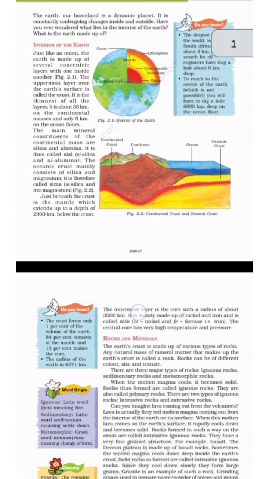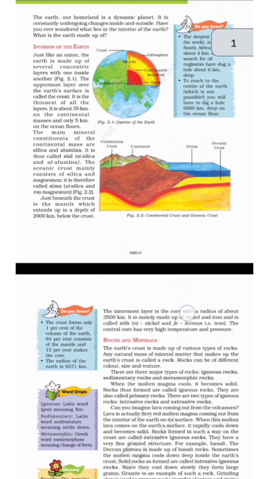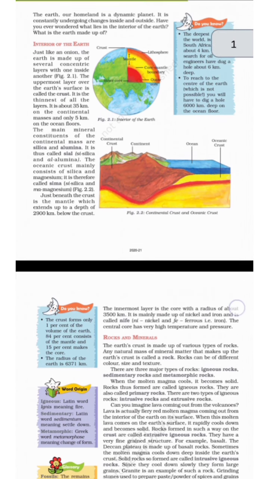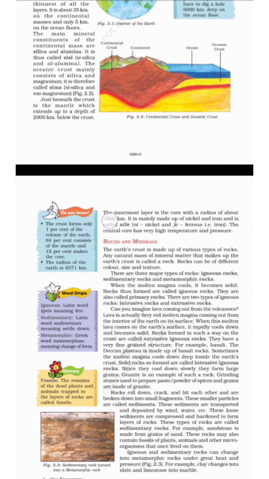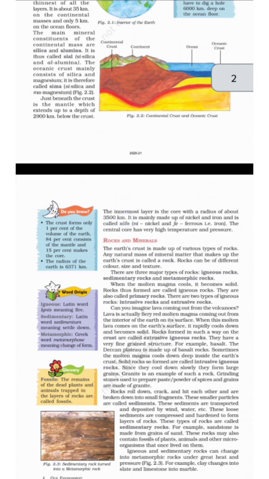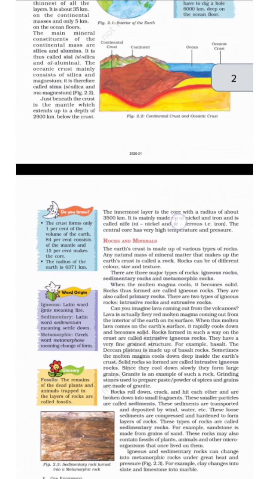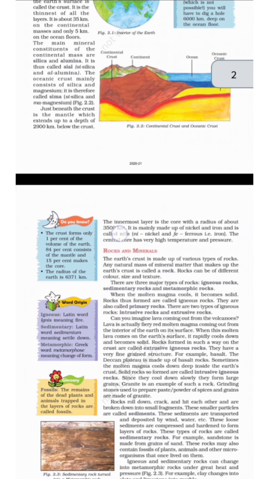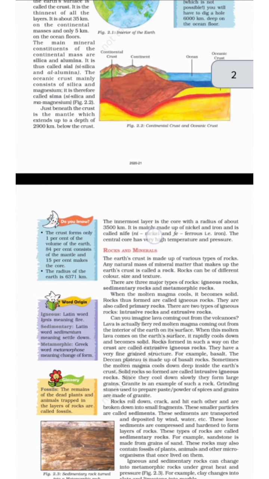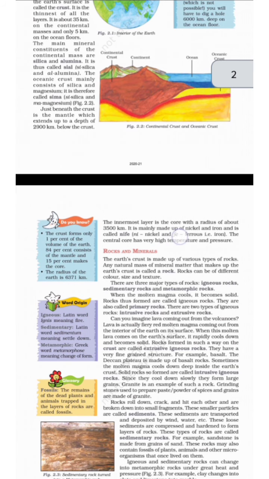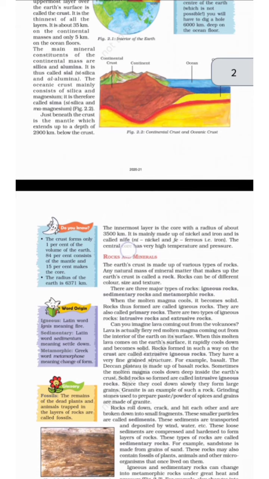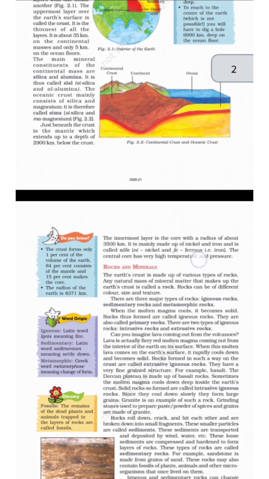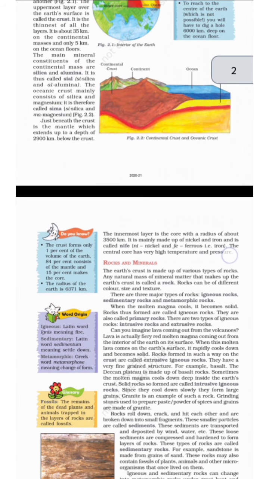The innermost layer is the core with a radius of about 3500 km. It is mainly made up of nickel and iron and is called NiFe. Ni for nickel and Fe for ferrous, that is iron. The central core has very high temperature and pressure.